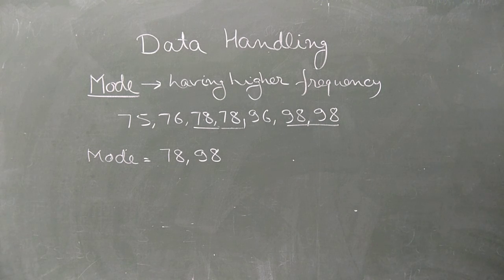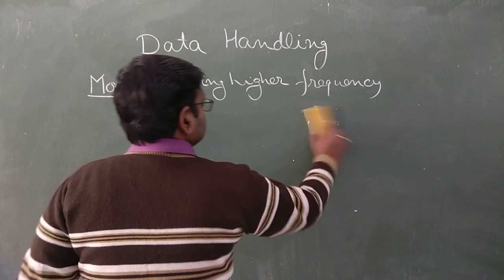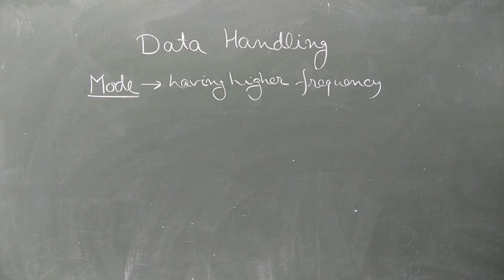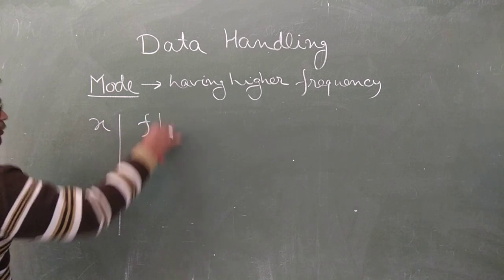For finding the mode, I am taking an example from a frequency distribution table. This is the size of shoes, that is your x, and this is your frequency.